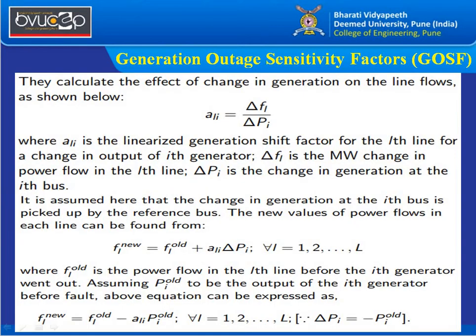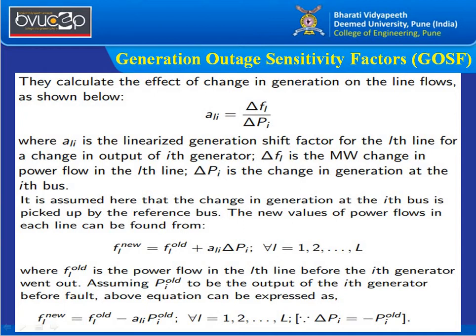The generation outage sensitivity factor calculates the effect of a change in generation on the line. The suffix L relates to the line, and i relates to the generator at the ith bus. The numerator delta FL is the power flowing through the line, and the denominator is the change in generation at the ith bus.